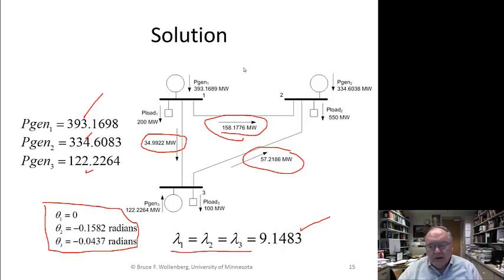So if I add 1 megawatt to the load at bus 1 or 2 or 3, 1 megawatt will increase the operating cost by $9.1483 per hour. That's the precise number. And it's the same everywhere. It is the same everywhere because, in this case, there's no losses and because there's no transmission lines at limit. We're going to see that change in a second.